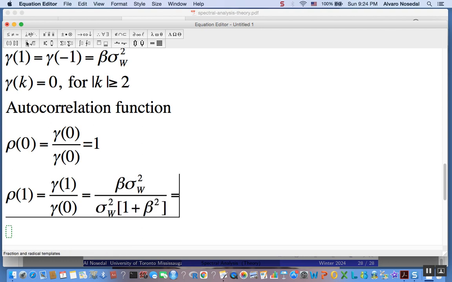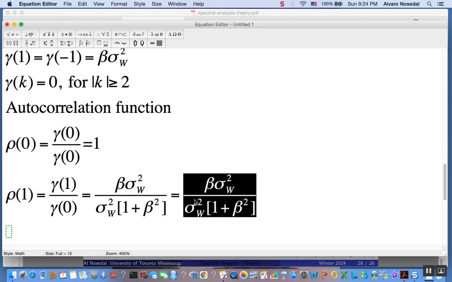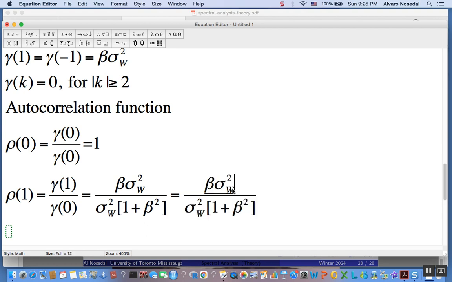So what we end up with here is just beta divided by 1 plus beta squared. The variance of the innovations, those two sigma squareds, are cancelled out.